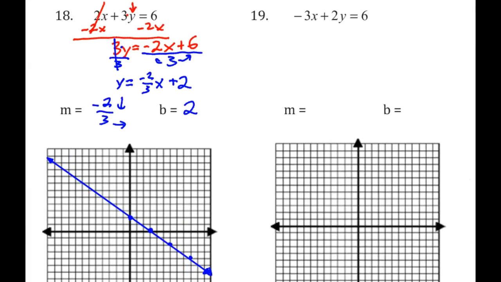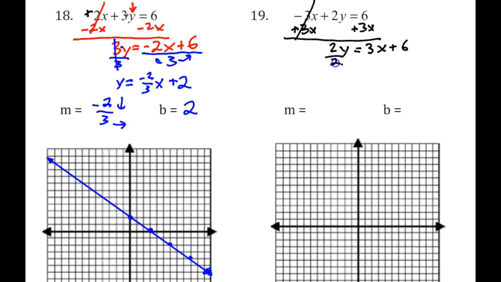Okay. And lastly, same as 18. We're going to have to add this time though, because that was a positive, so we subtracted. This time it's already a negative, so we're going to do the opposite and add. Whatever makes 0, right? I'm trying to make 0. So we have 0 there, and 2 times y will be 3x plus 6.